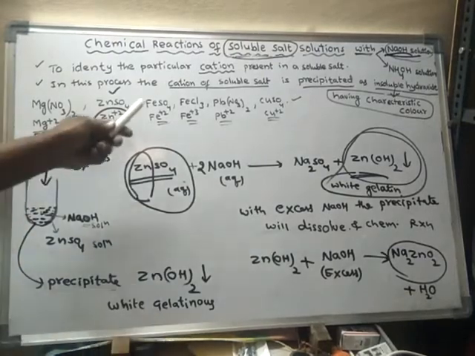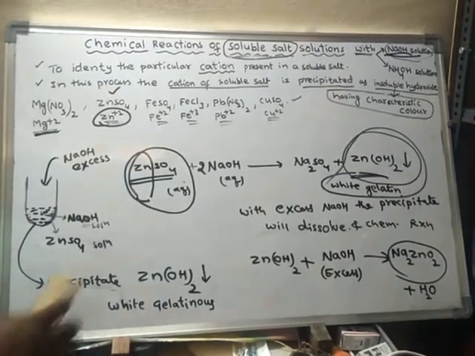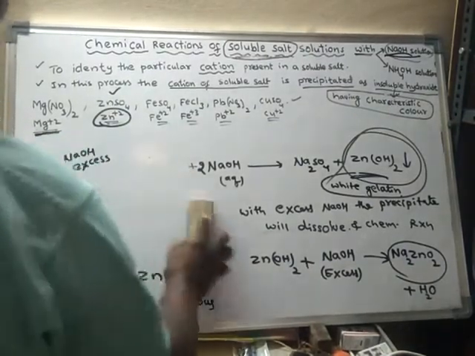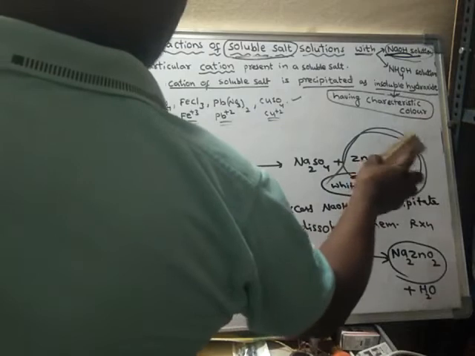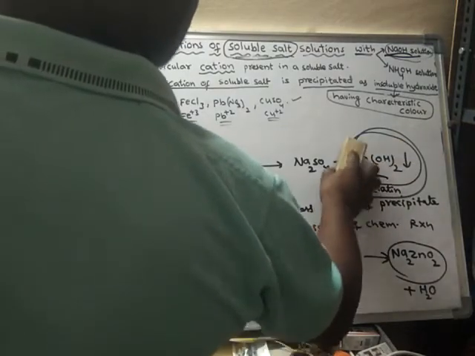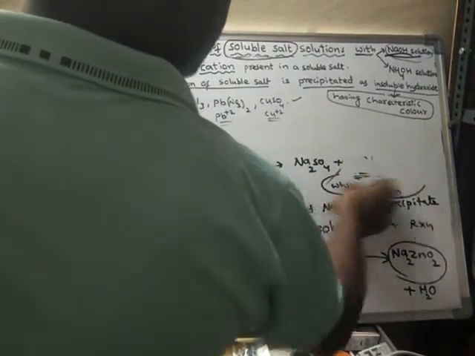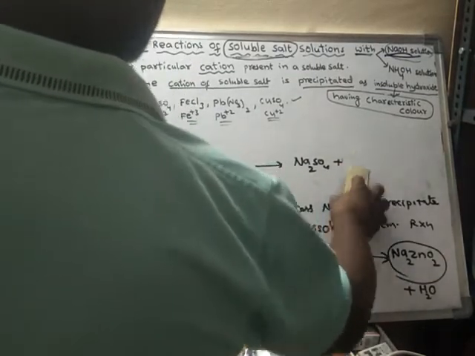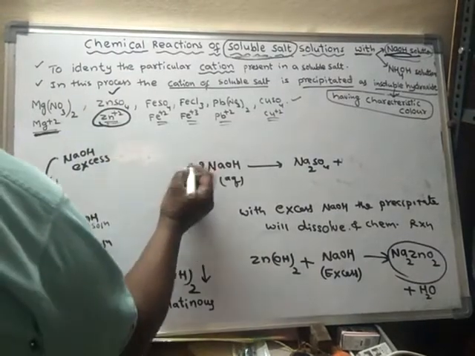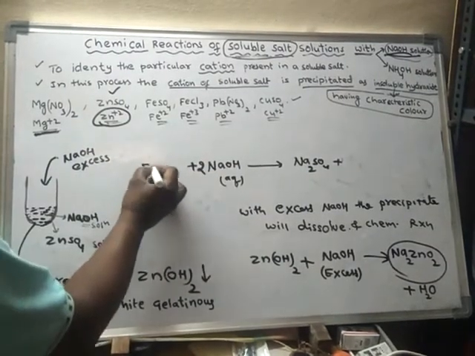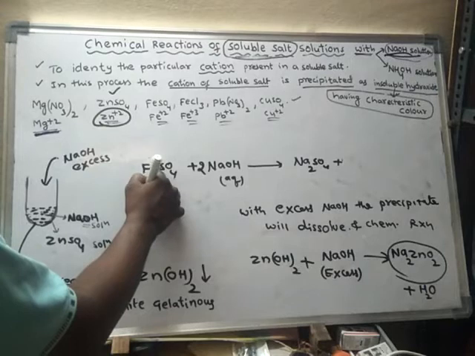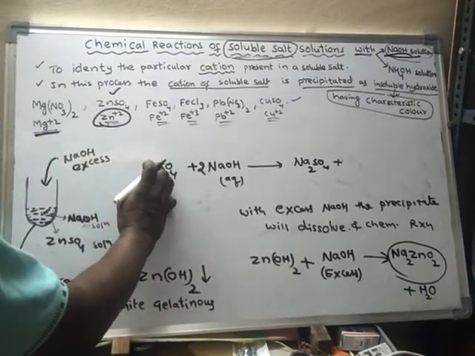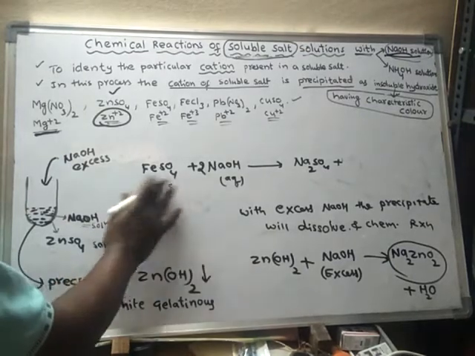Okay, now let us take iron sulfate. What happens if you take iron sulfate in this reaction? If you take iron sulfate, FeSO4, aqueous solution.